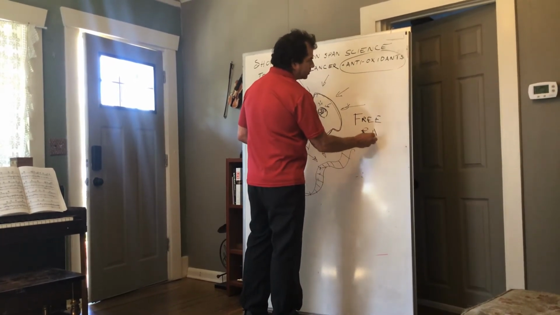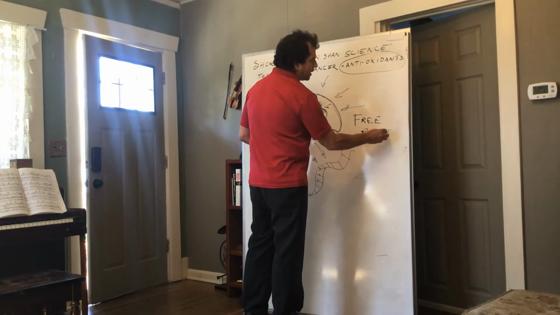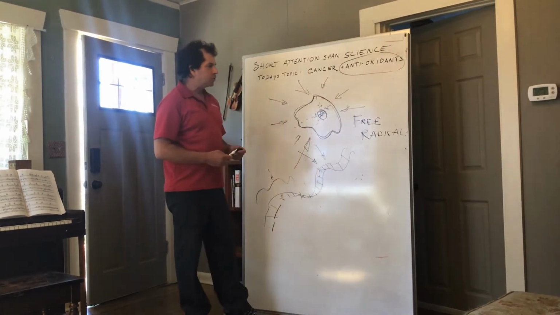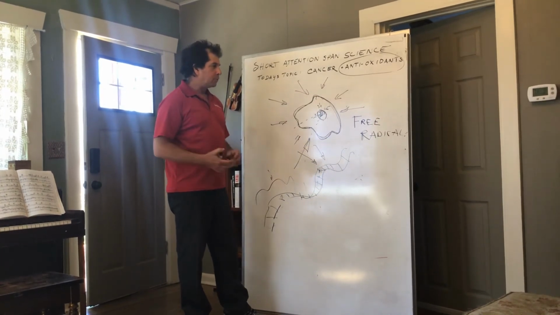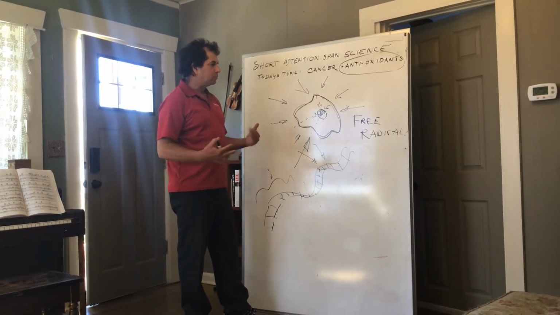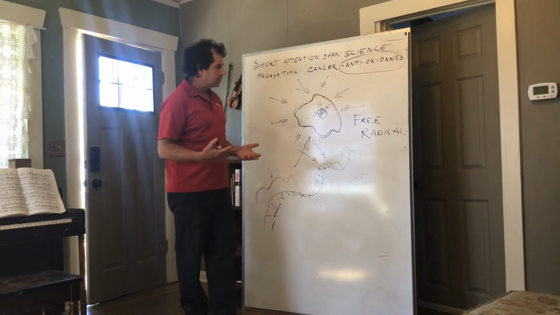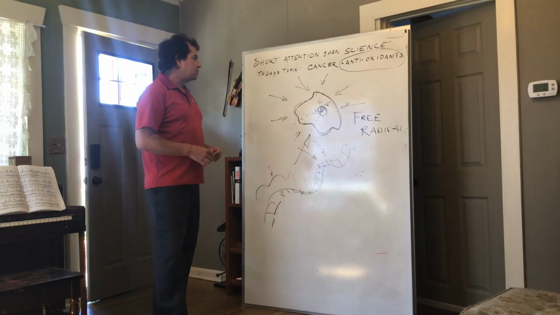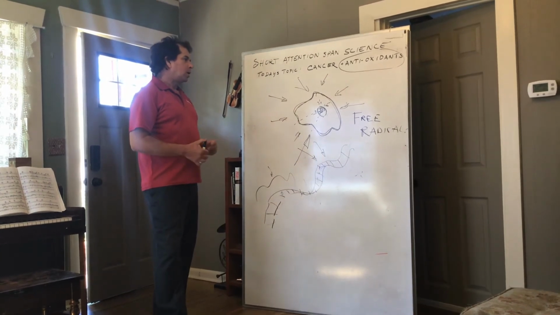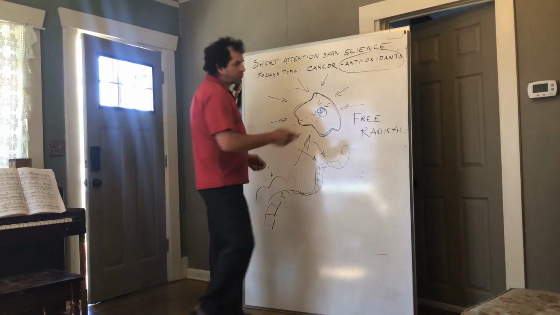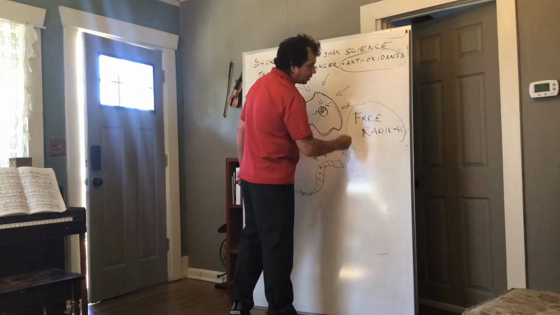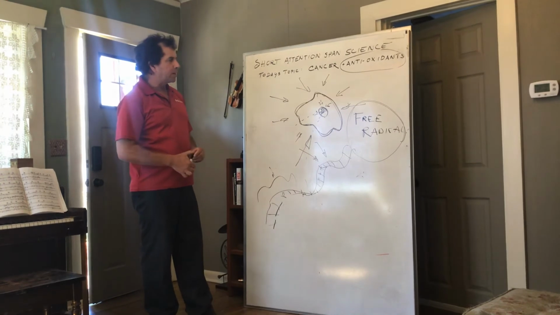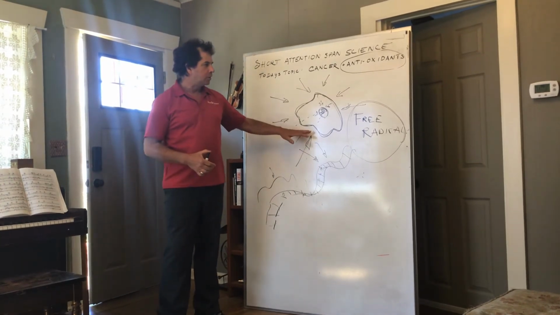Free radicals cause damage and therefore are known to be responsible for cell death, but also for mutation. So the next episode will be on free radicals and what exactly they are.